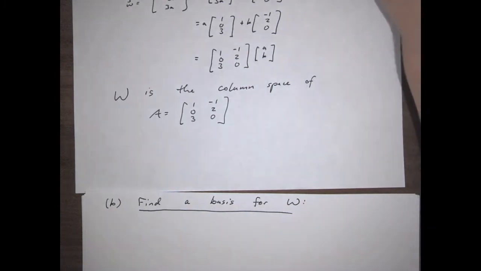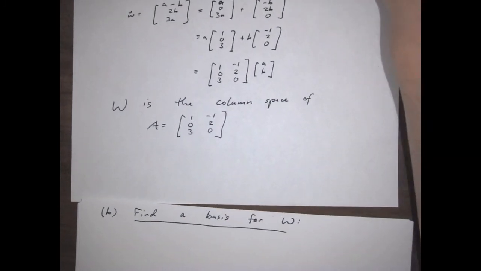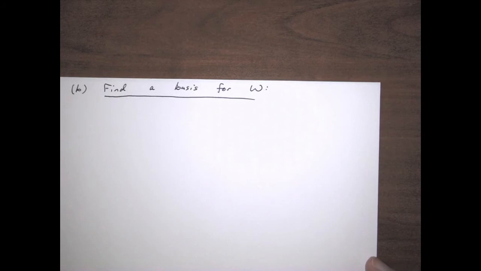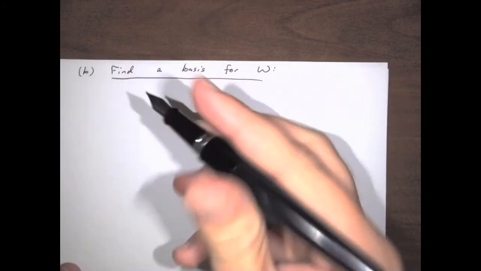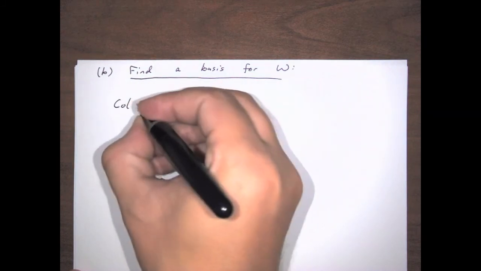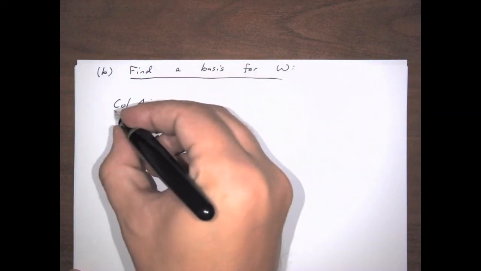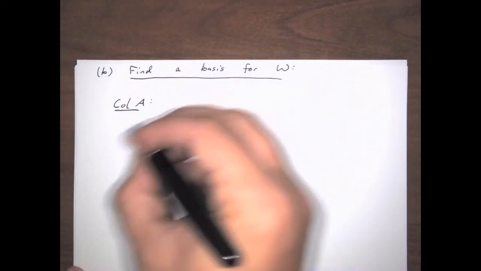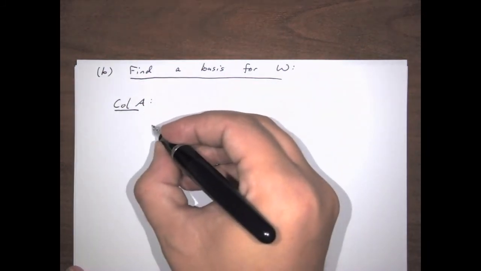So same old follow-up. Once you have been asked to show that something is a vector space, a frequent follow-up would be find a basis for it. Well, the basis for a column space, if you'll recall, we find that by taking the matrix A, row reducing, and looking for where the pivots are.